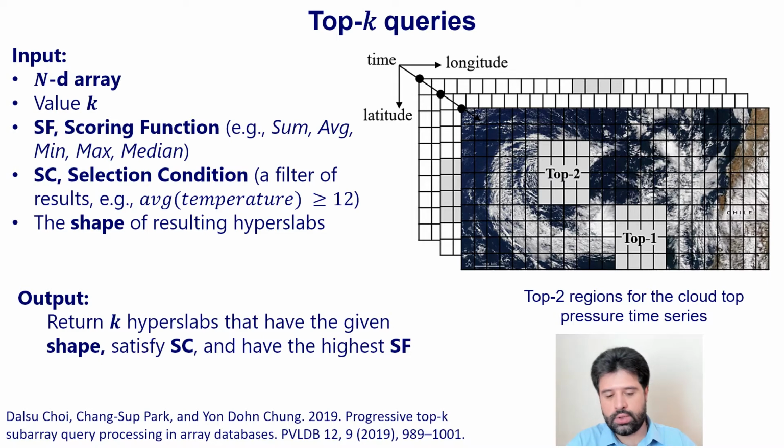The output can be computed progressively and contains fixed-size hyperslabs that have the provided shape. These hyperslabs should satisfy this selection condition. They are sorted using the scoring function, and only the top k hyperslabs are returned.